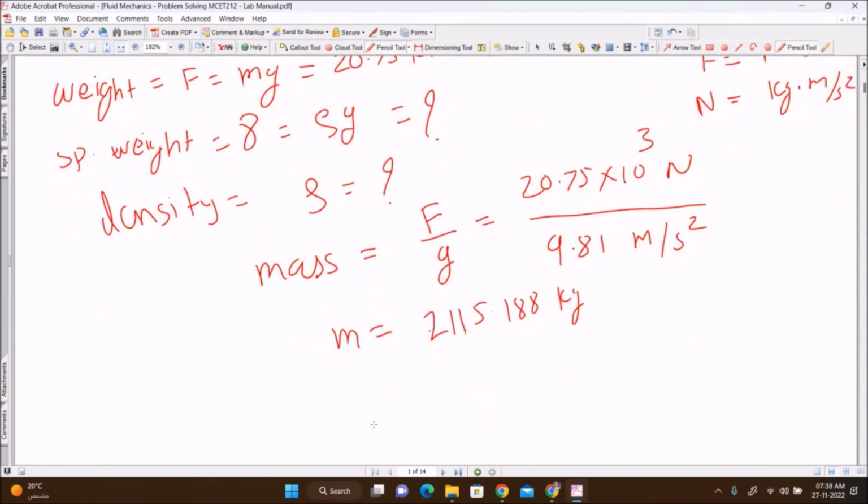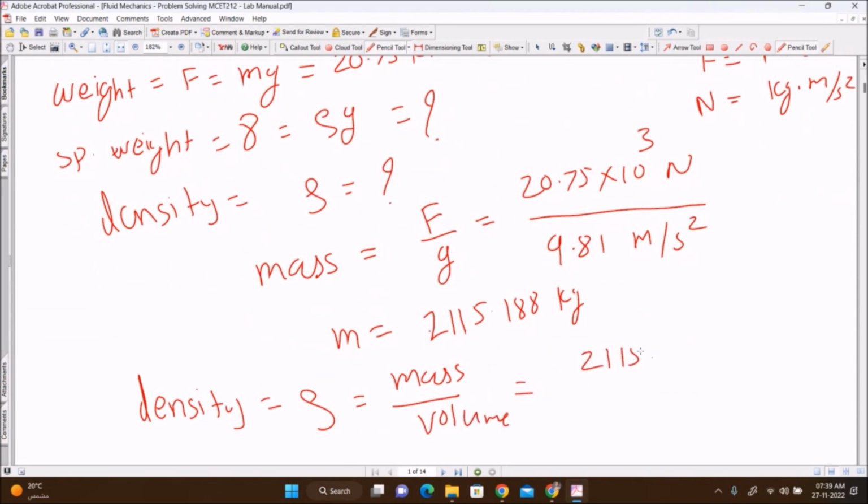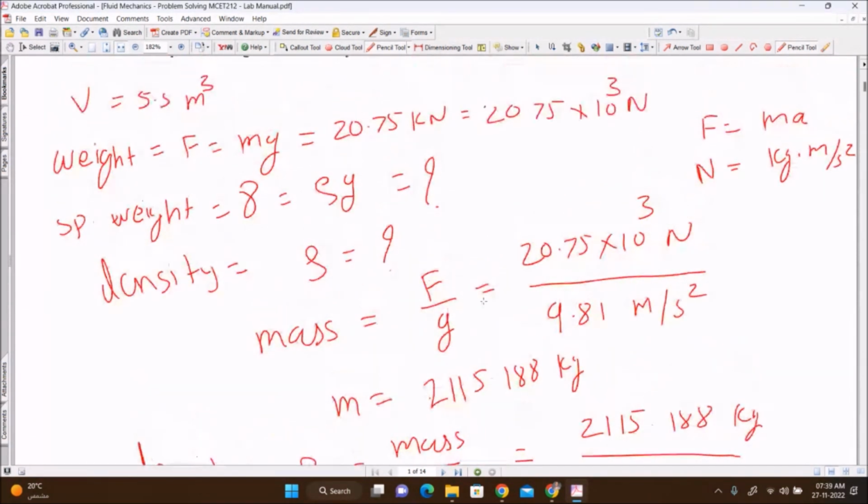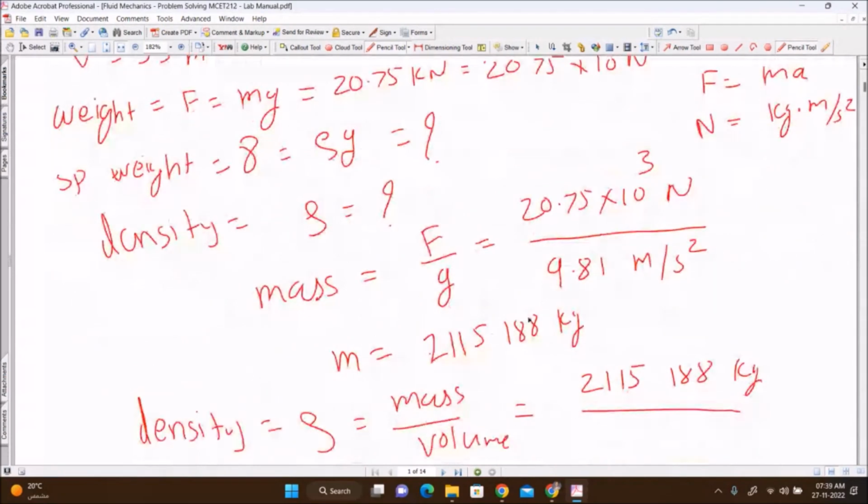Once we know the mass, we can find the density. Density is the first basic property of the fluid, which depends on temperature only. Density rho is equal to mass by volume, so 2115.188 kilogram divided by the volume, 5.5 meter cube.